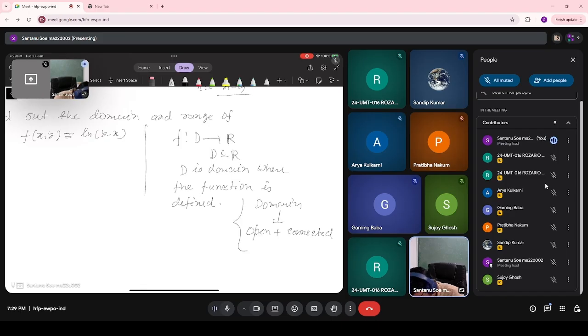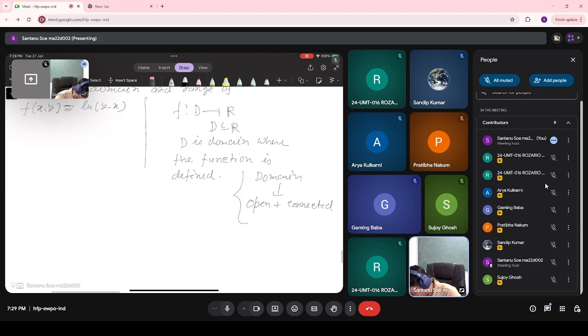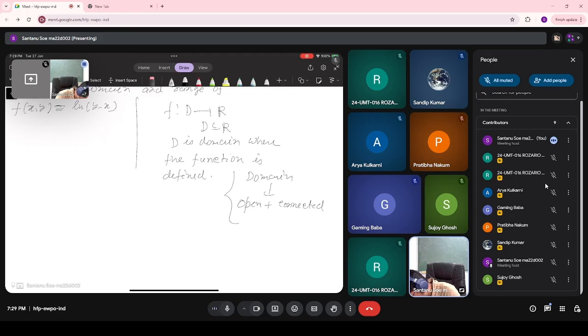Here domain means the region where the function is valid, where it takes only real values. The range of f is nothing but f of x such that x belongs to the domain. So this was the definition of domain and range, right?